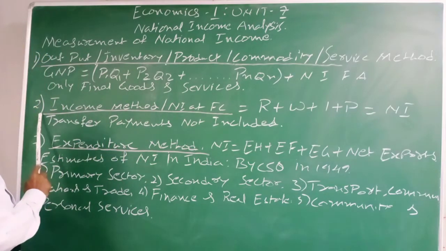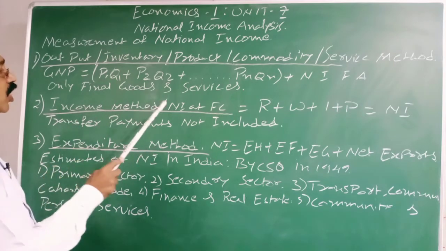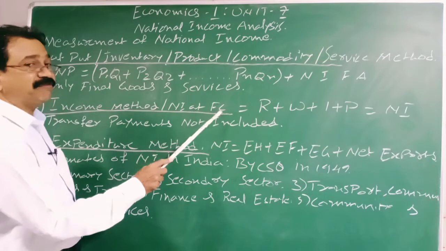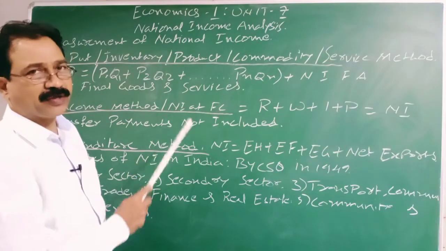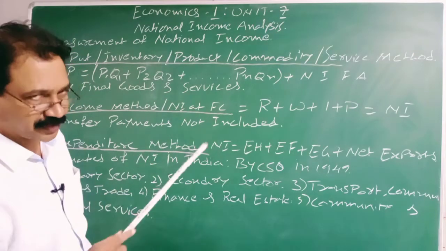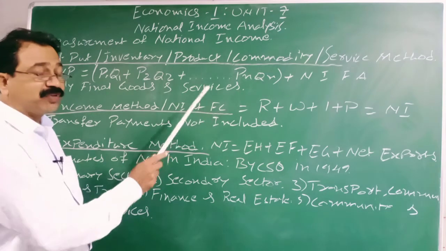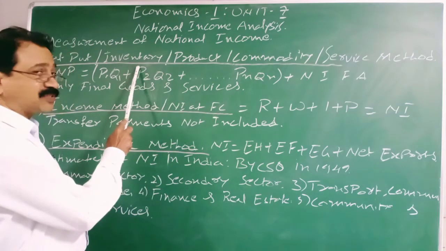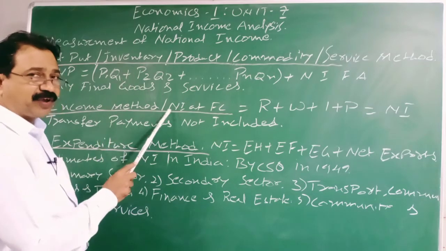Okay, now we will see the second method, income method, or net income at factor cost method. This is only called as national income. Net income at factor cost. Now we will see. Net income at factor cost means what? GNP at market prices is always greater than the GNP at factor cost.